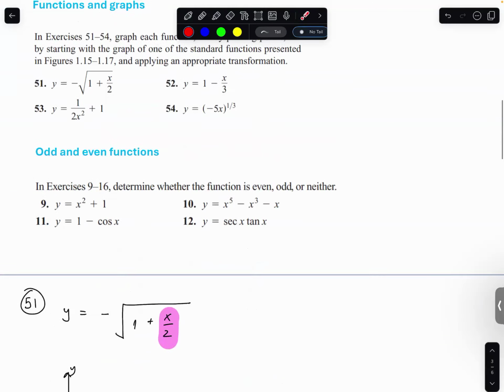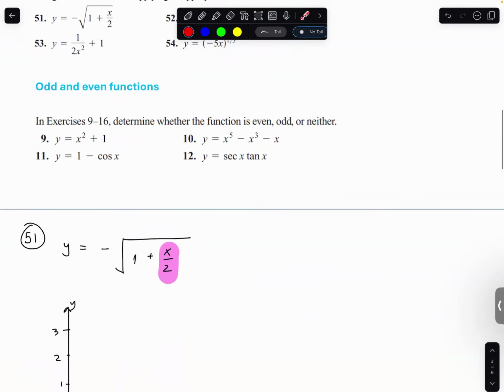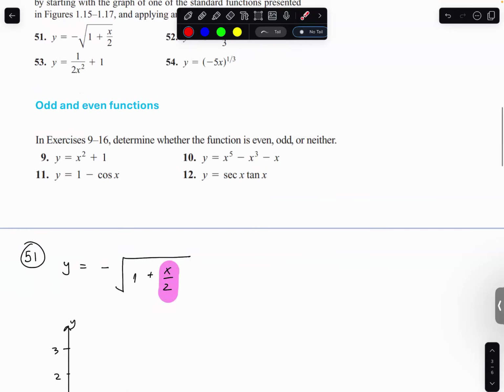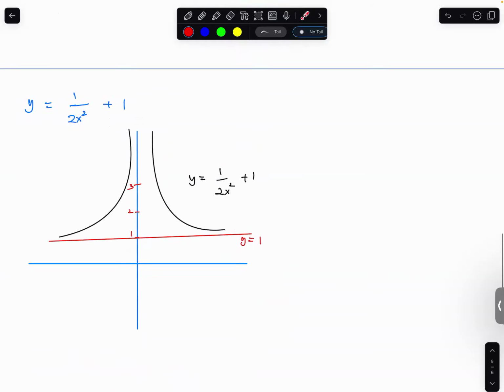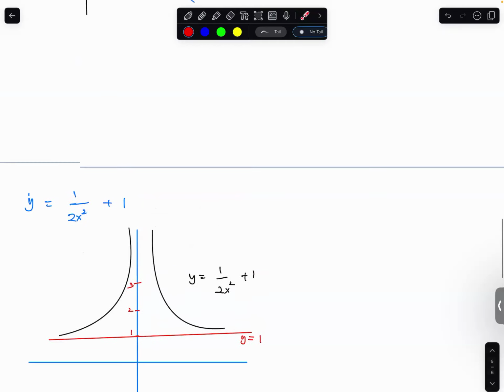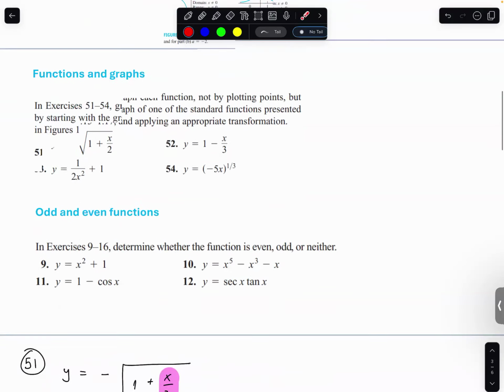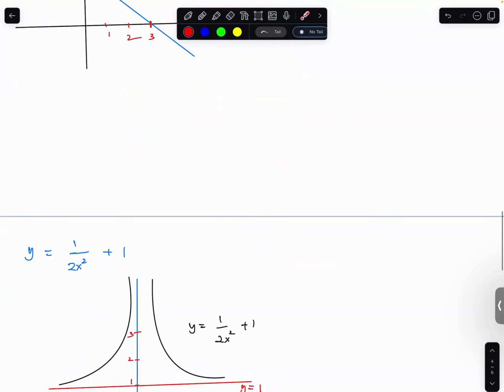Okay, so the last and final graph is the graph of y equals minus cube root of 5x.